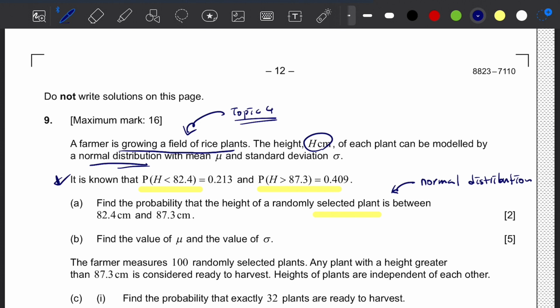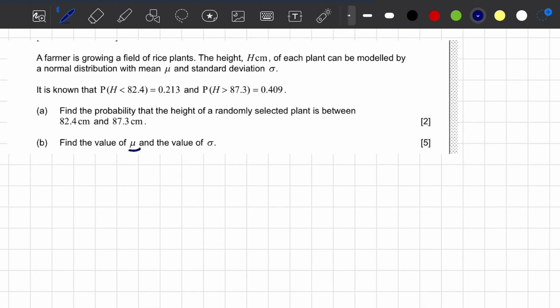So question B, we need to find the mean and the standard deviation. Since this is a normal distribution question, and you're missing two values, the mean and standard deviation, you have to use the standardization concept to identify these two values.